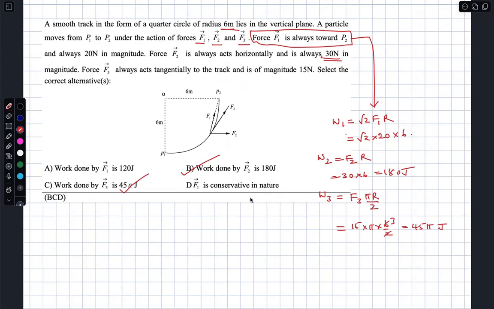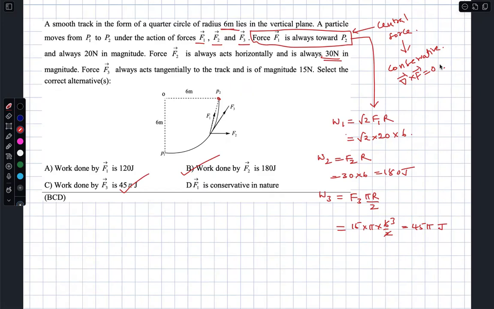Remember, as far as F1 is concerned, it is always directed towards a point. Such a force is called a central force. Usually a central force is conservative because del bar cross F bar becomes 0 for this.